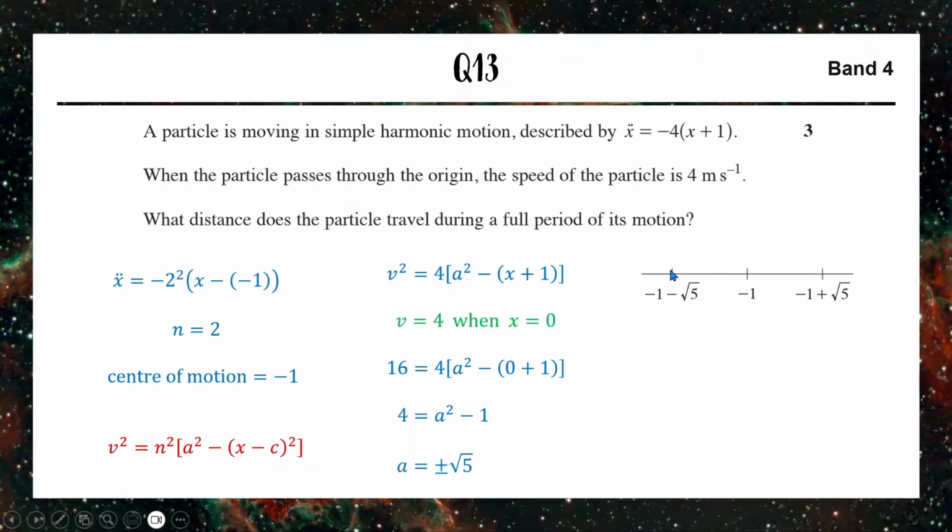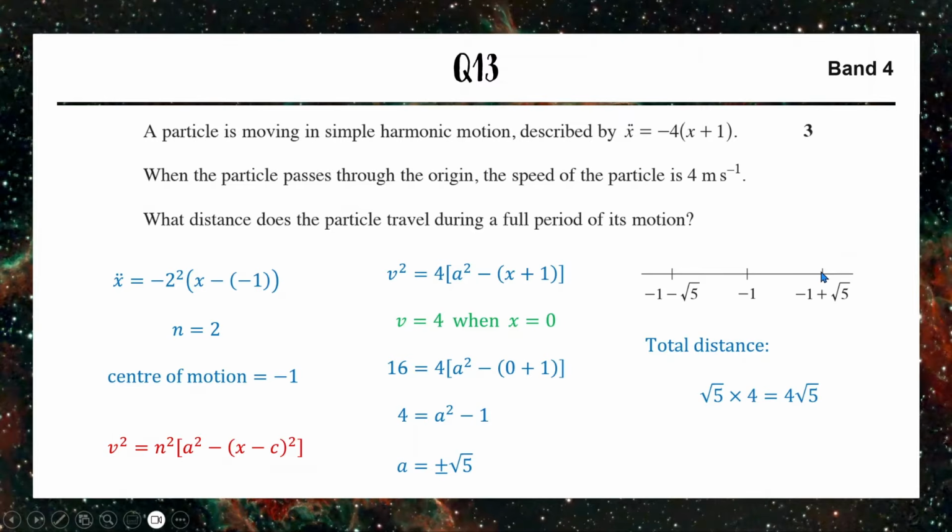So a full period is from the start point back to the start point. So that's going to be root 5 happening once, root 5 happening twice, 3 times, and then 4 times. So if you want to find the full distance traveled for a full period of motion, all you need to do is 4 lots of the amplitude, and the amplitude is root 5. So to get our answer for 3 marks, we have root 5 multiplied by 4. We have 4 root 5 as our total distance traveled in one full loop of motion.